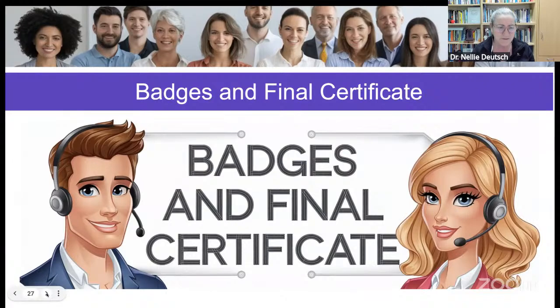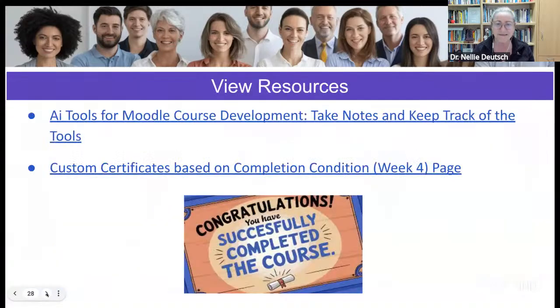So badges and final certificate, this is it. And there's a video here using Canva, how to use Canva to create a customized certificate. And I think that'll help you. It has helped others. Elizabeth, I think you also followed that and you managed to create, but maybe you forgot. That's the thing with remembering things.